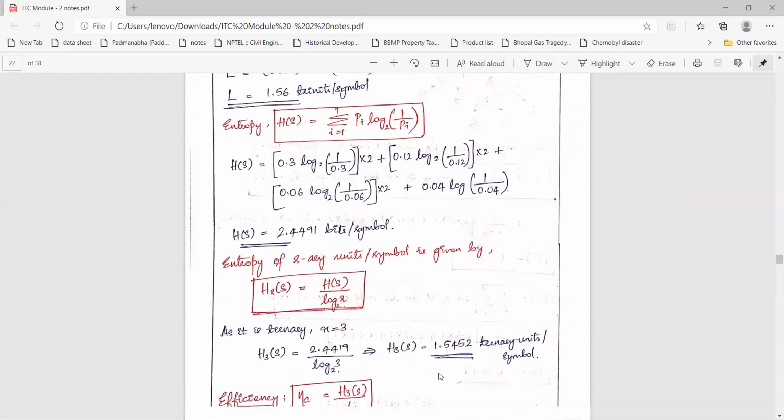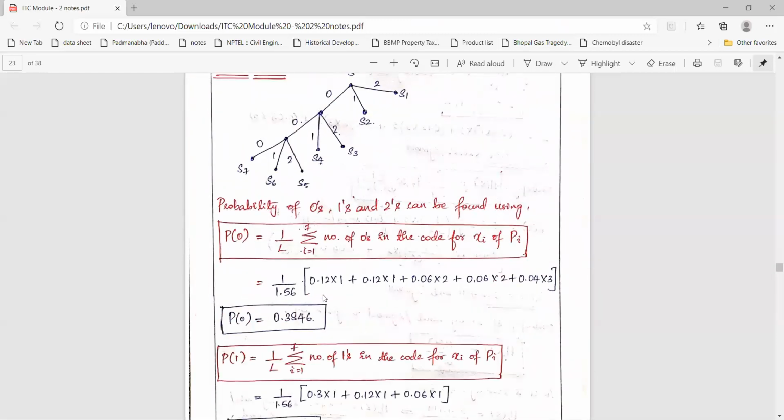So how will we write that? See, for 0.12 we have 0 twice, so 0.12 into 1 plus 0.12 into 1, or you can write 0.12 into 2 directly. And for 0.06 we had 4 times, isn't it? So you can write 0.06 into 2 plus 0.06 into 2, or 0.06 into 4 directly.